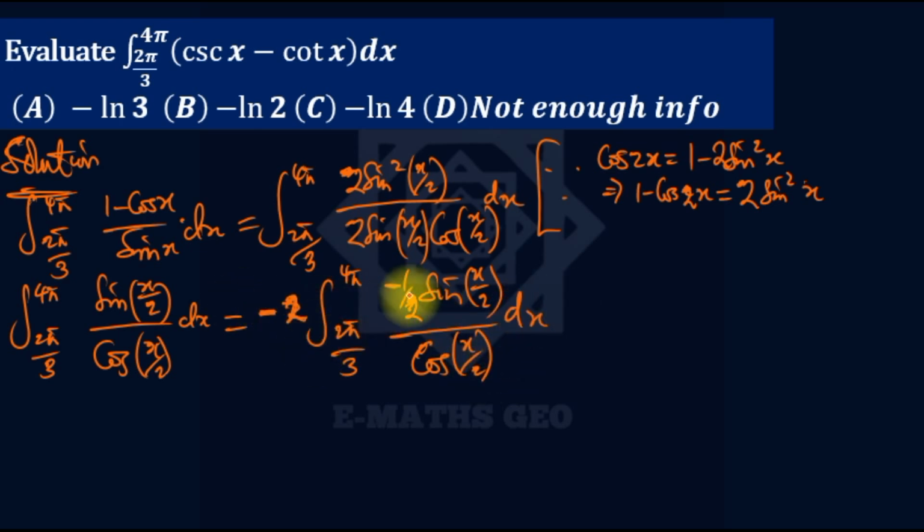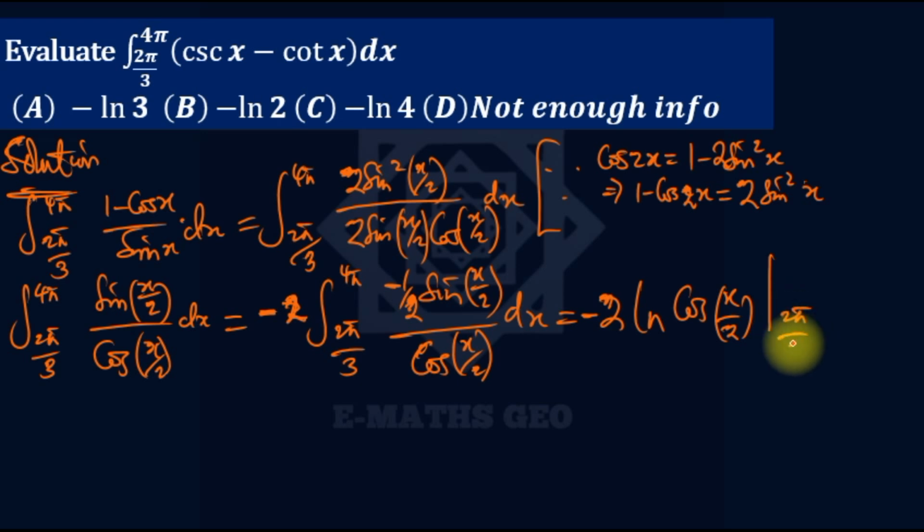Why did I do this? If I differentiate cos half x, I'll get minus half sine half x. So the integral of this is ln of the denominator, cos half x, with limits from 2 pi over 3 to 4 pi.